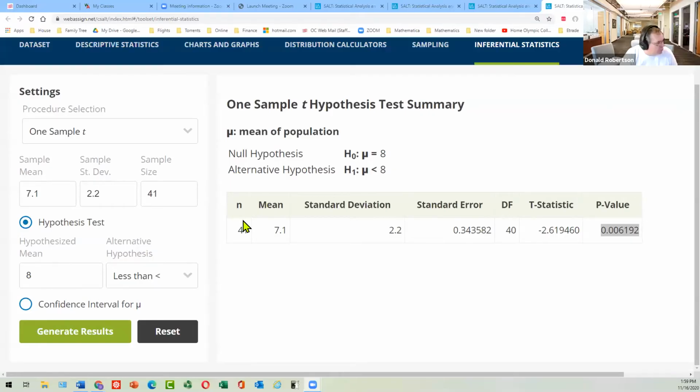But I hope at least it's relatively big. That's what I'm going for. So here we go. I've got SALT. Right, so I'm going to change this one to the sample mean, which was 24.